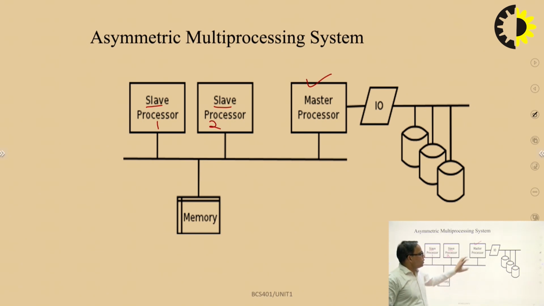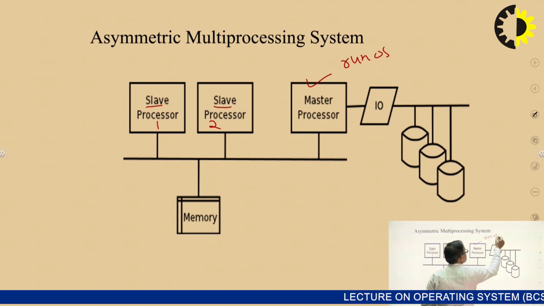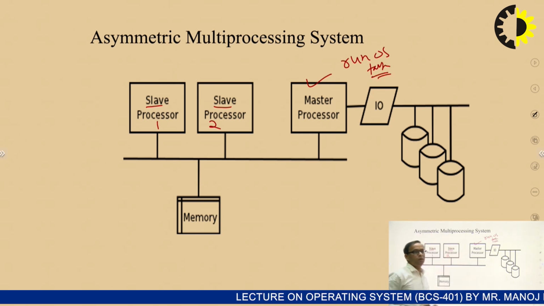It is the responsibility of the master processor to assign tasks to the other processors, which are slave processors, for execution, and only the master processor can run the OS task. It means only the master processor has access to the operating system.